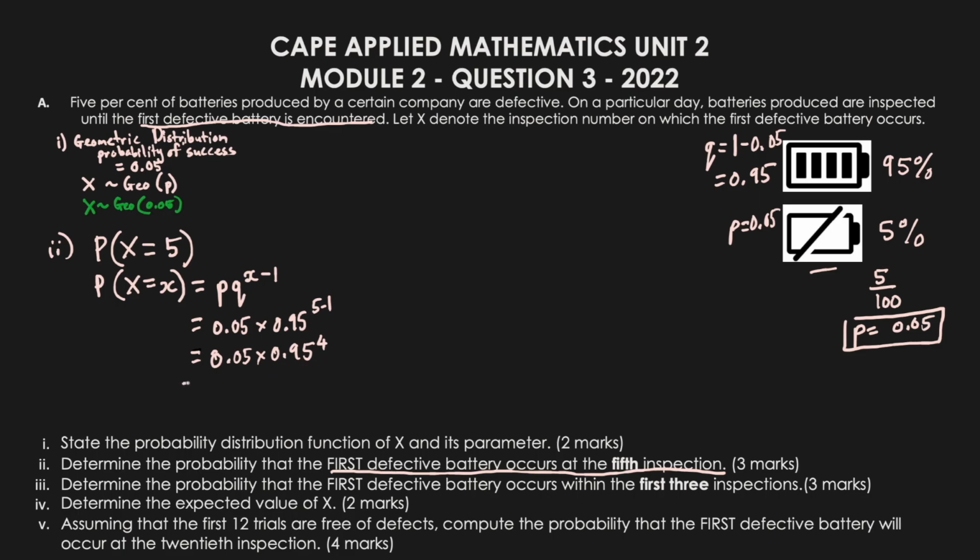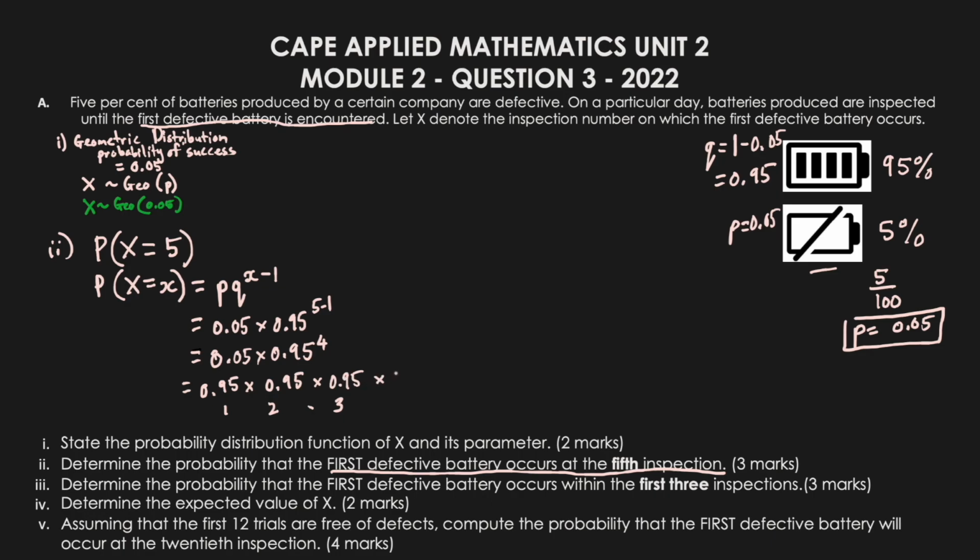What this is saying is that the first time we find batteries that are good, so that's 0.95. And then on the second time we look for batteries again, we found only good batteries, so that's 0.95 again. So this is how we get into the power of 4. So on the third time we have 0.95, which means that we didn't find any defective batteries again.